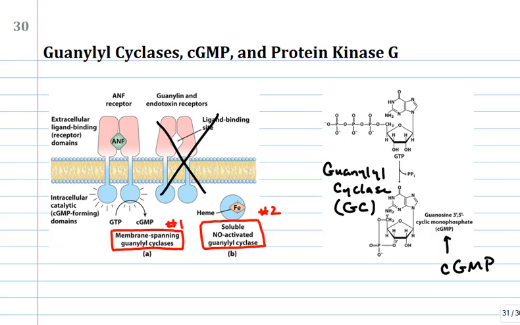The first guanylyl cyclase, it's membrane spanning, and it is activated by peptide hormone called ANF. And let me write this out for you.